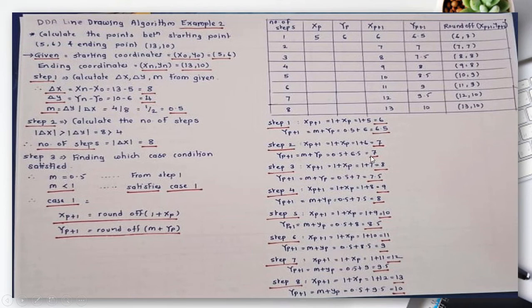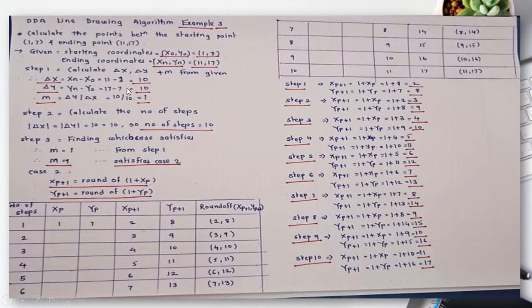So yp plus 1 will be 7. So keep this value in this location. In this way you can do all the steps. In step 8 you will get the ending coordinates of our line, that is 13 and 10. So here is the end point, and you can get all the pixels or points which are coming over that line. Now let us take our third example.